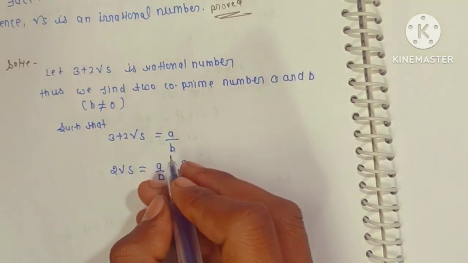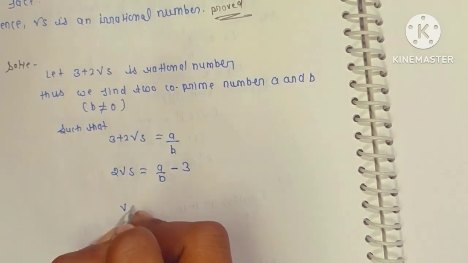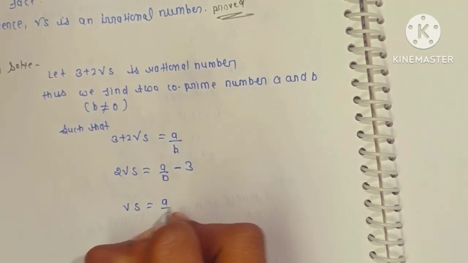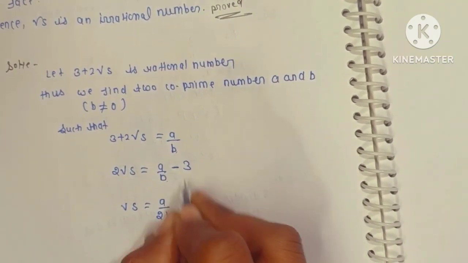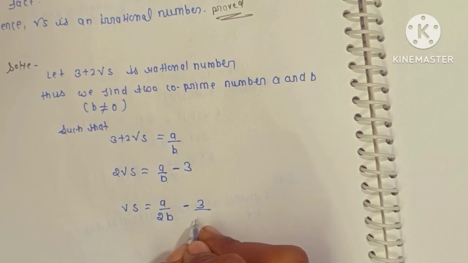Root 5 is equal to a upon 2b minus 3 upon 2.